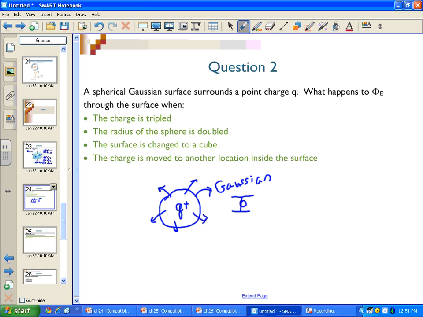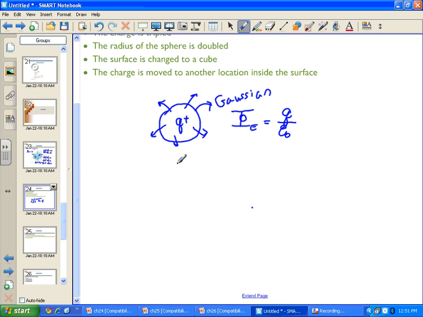an electric flux that is equal to the charge inside divided by epsilon naught. Okay, well, in part A, they say, what if we triple the quantity of charge inside the Gaussian surface?